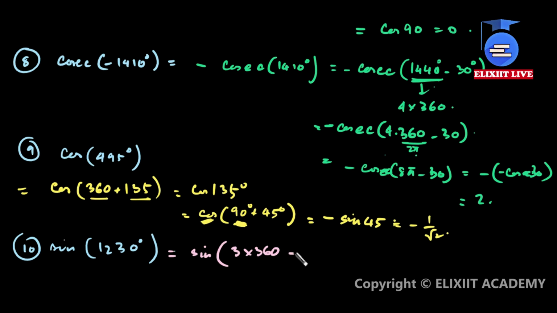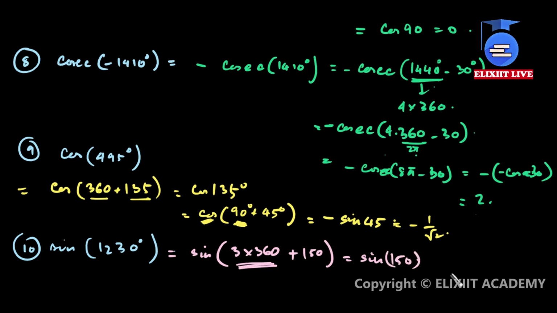So plus 150. This is even multiples of pi, and then 150. So this is sine 150, first quadrant.